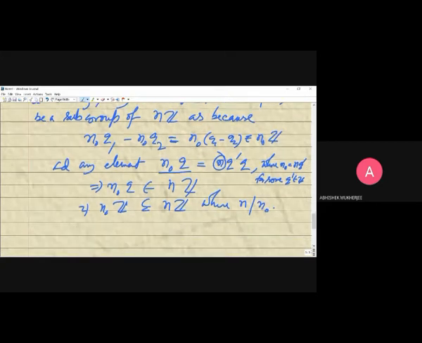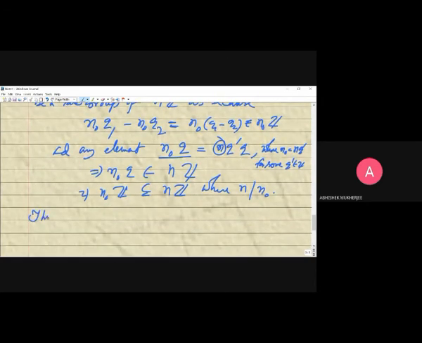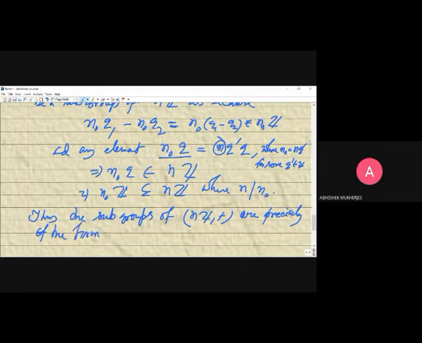Okay. So in this way, the subgroups of nZ plus are precisely of the form n not Z, where n divides n not.